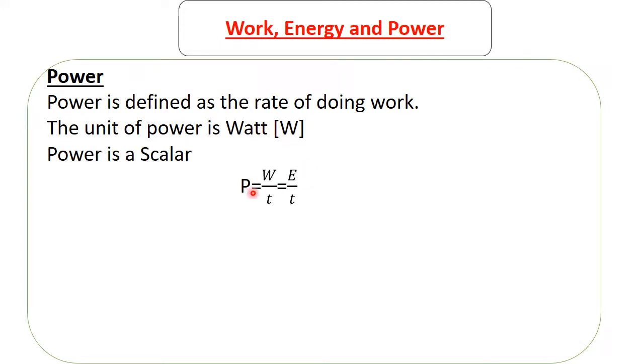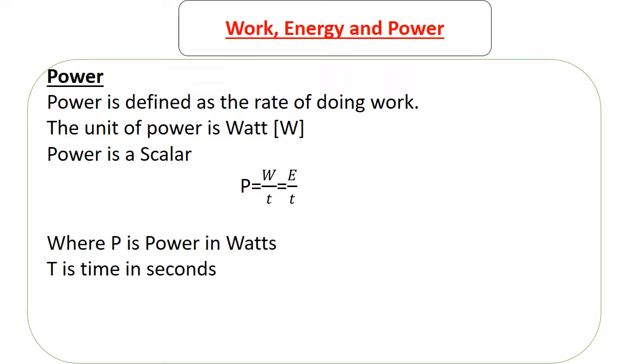The formula for power is work done over time, or energy used over time. So you can use this part or this part depending on the question. If they have given you energy, you can use this part. If they have given you work, you can use this part. So P is power in watts, T is time in seconds, E is energy in joules.